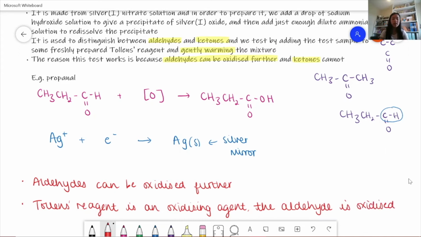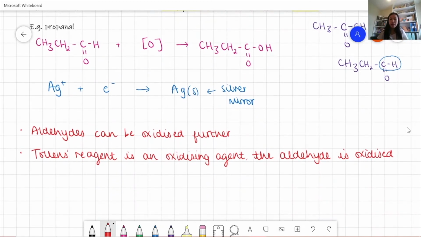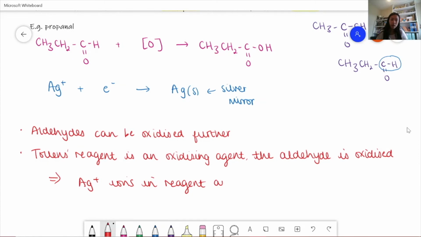What this means is that the Ag plus ions in the reagent are reduced, and so a silver mirror forms.